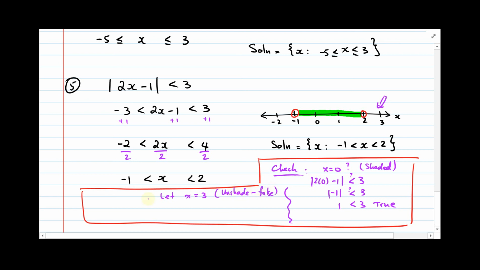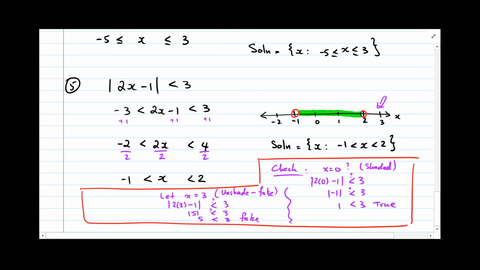Let's see if I really do get a false statement. 2 times 3 minus 1, is this less than 3? 6 minus 1 is the absolute value of 5. Is 5 less than 3? This is false, which is why it remains unshaded.